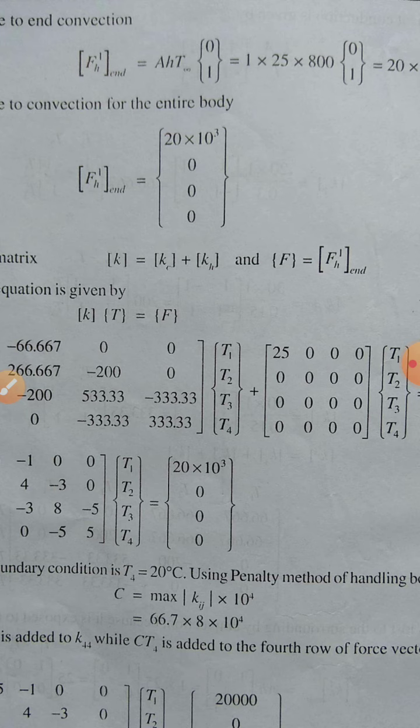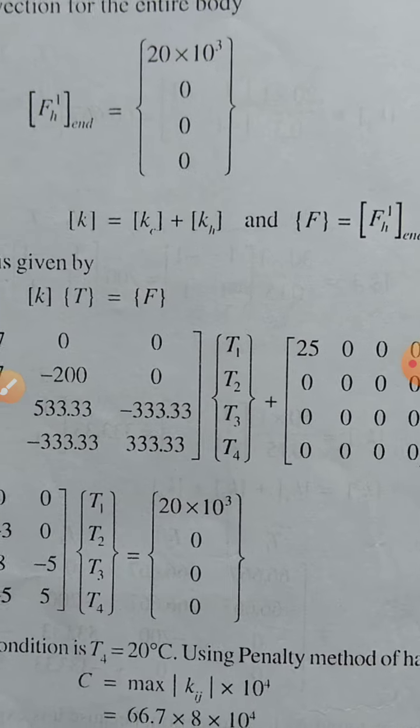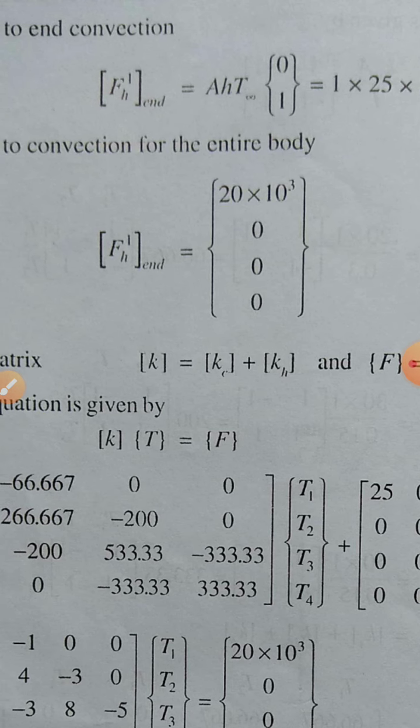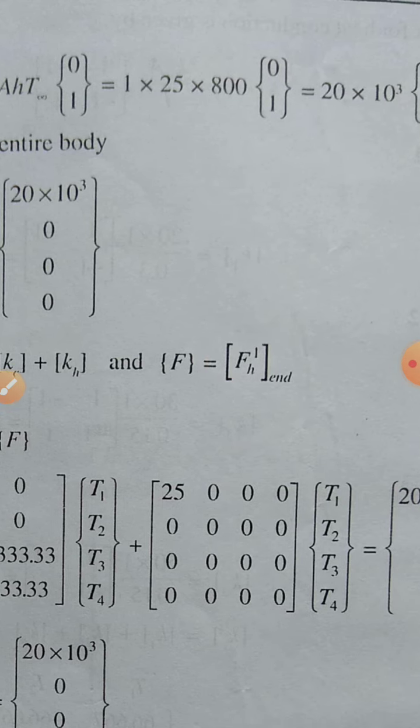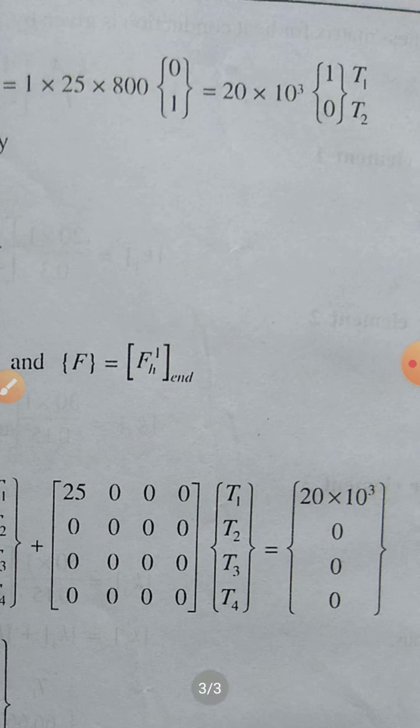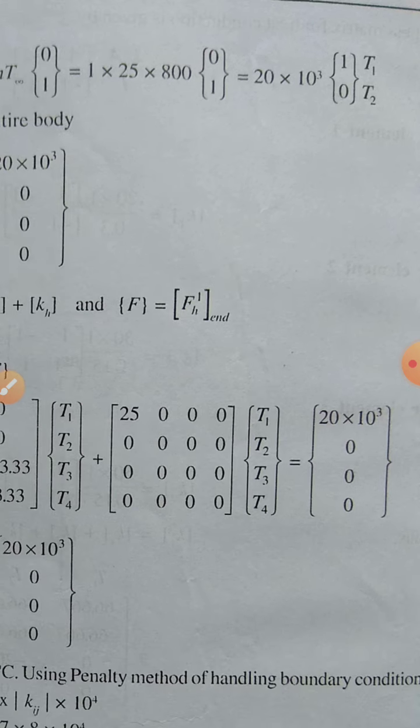Here the force vector can be obtained by the formula F_h, that at the convection side is A h T infinity into [0 1], but since convection is taking place at the left end, this formula is altered to A h T infinity into [1 0]. Substituting the values, that becomes 20 into 10 raised to 3 into [1 0] for T1 and T2. This is the force vector.